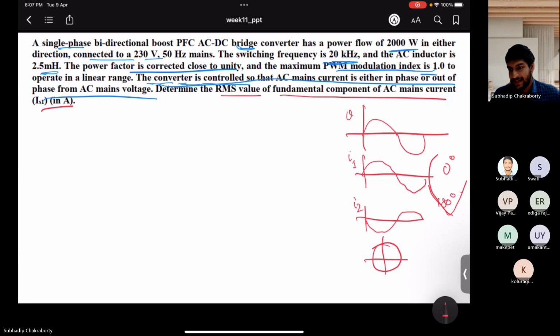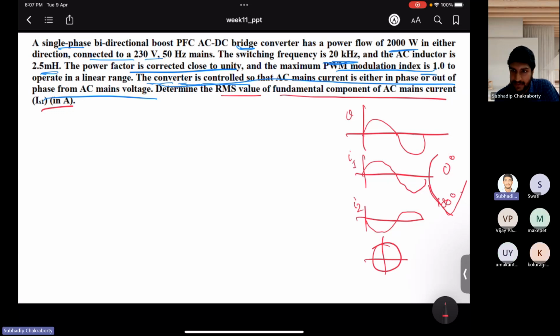So again, can we apply that power transfer concept? Yes, we can apply. But here we also need the value of the current, because here your voltage is not asked, the fundamental component of the current is asked, assuming that it is a unity power factor condition, right? So how will you determine? Anyone?